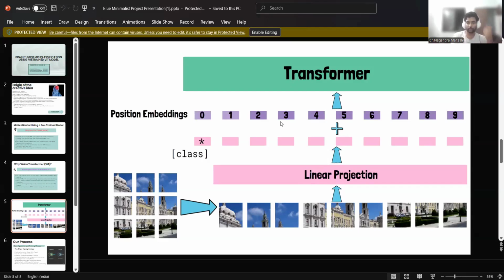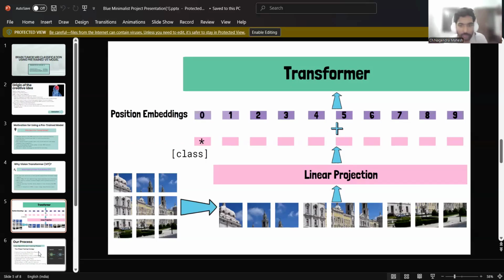When a new image comes, it will also calculate its query, key, and value. Based on these, it will assign the image positions that are already trained, and it will give us the classified image, like this is benign and so on.